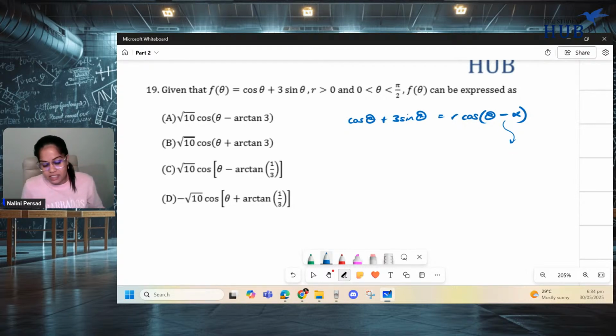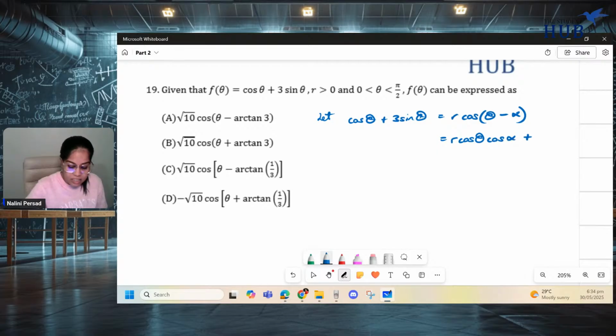So you don't have to worry about your signs. Okay? So if I expand it using the addition formula, I hope everybody knows what I'm talking about. The addition formula says cos theta cos alpha plus sine theta sine alpha.